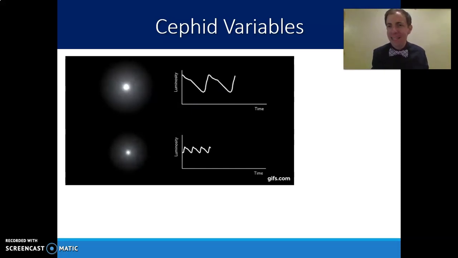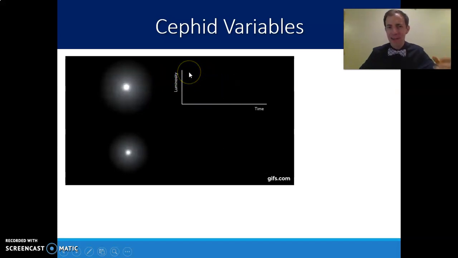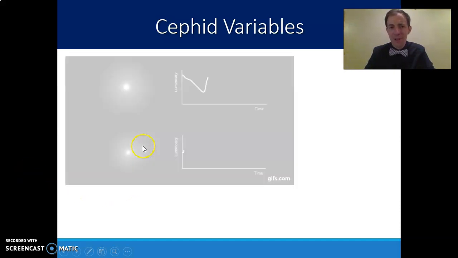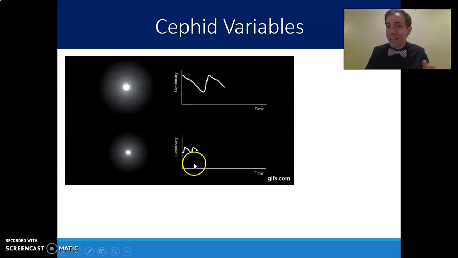And one of the biggest things that she noticed as she was cataloging more and more of these is that the more luminous stars, the bigger stars, had a longer cyclical period, that it took them longer to go through these bright spots and dim spots, versus a smaller star that cycled much, much more quickly.